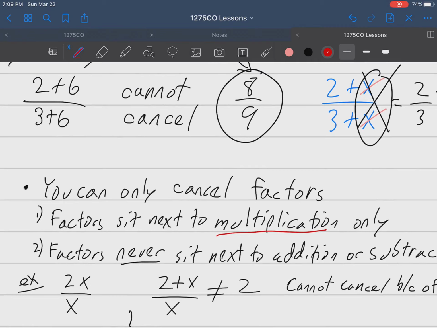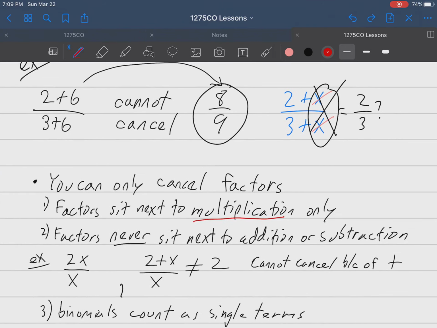Terms like here have 2 and x and 3 and x separated by addition. If they're separated by addition or subtraction, then it cannot be canceled. Factors are never going to sit next to an addition sign or a subtraction sign.